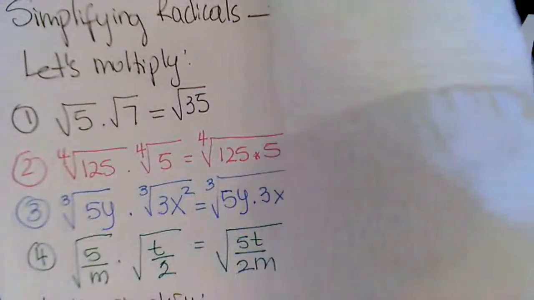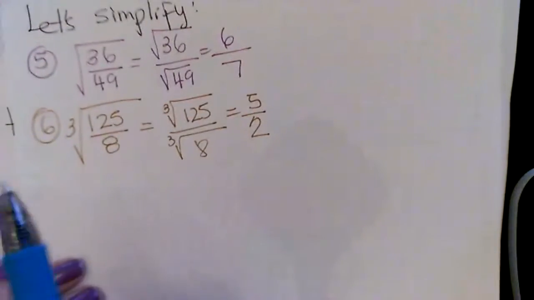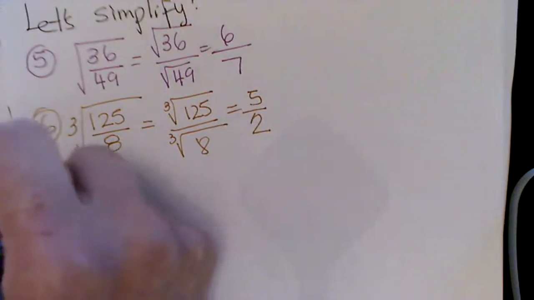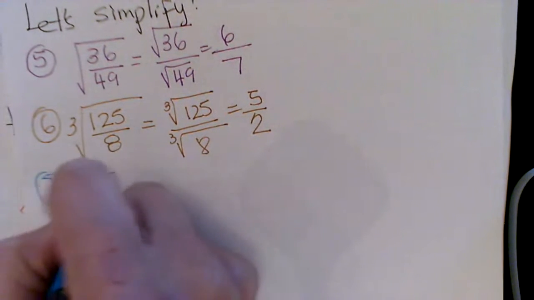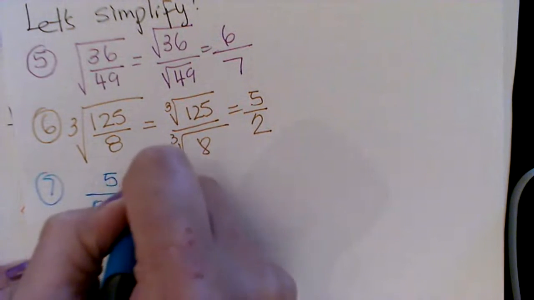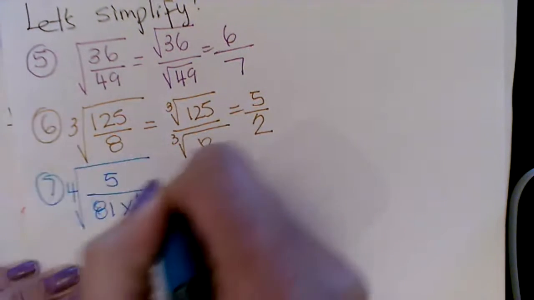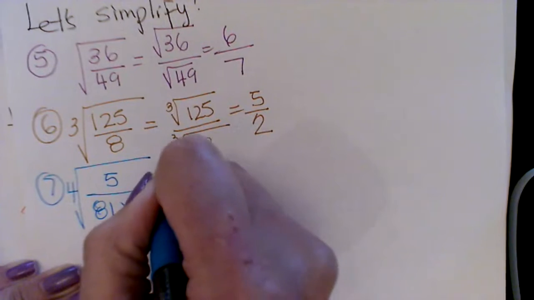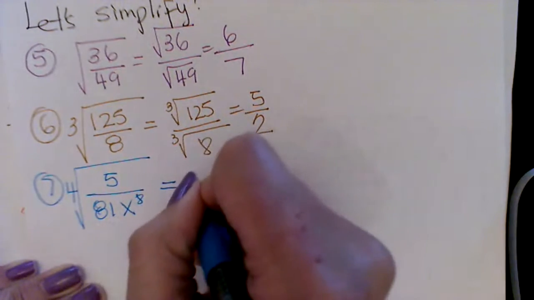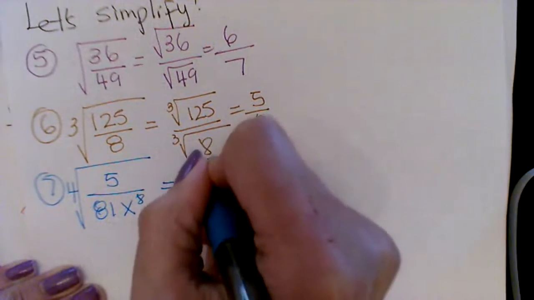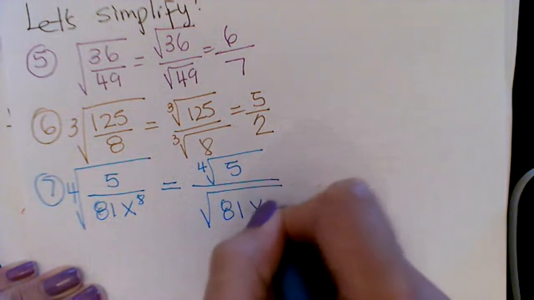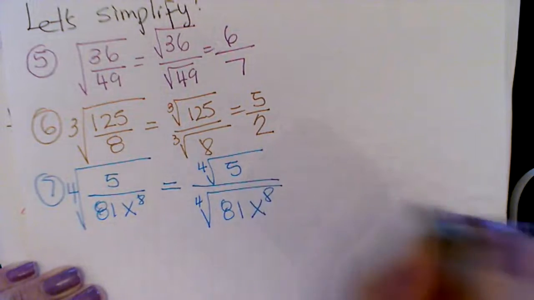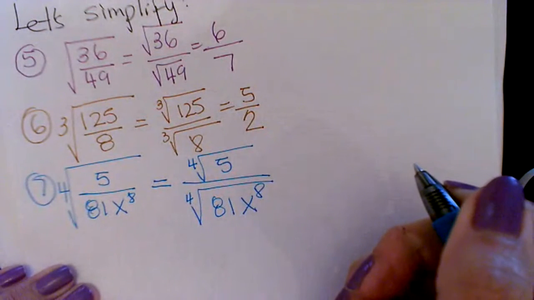All right, now let's do number 7. I have 5 to the 8th power, and so let's do the 4th root of 5 to the 8th power and the 4th root of 81 times x to the 8th power.